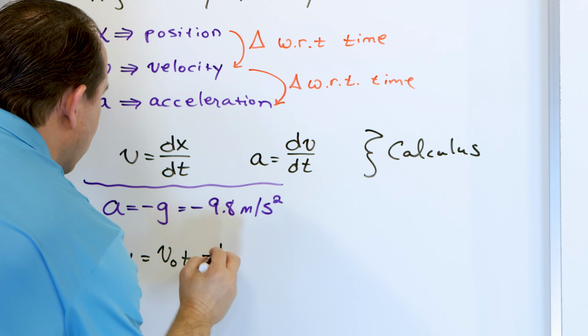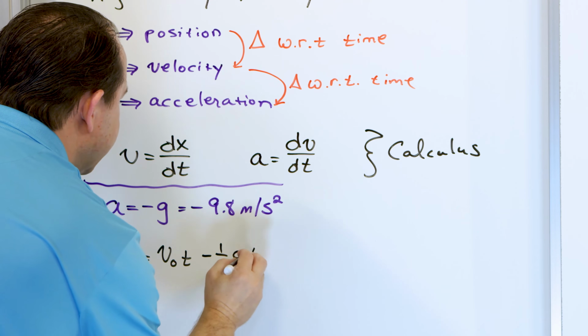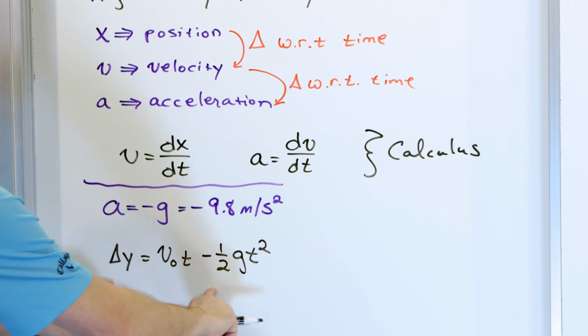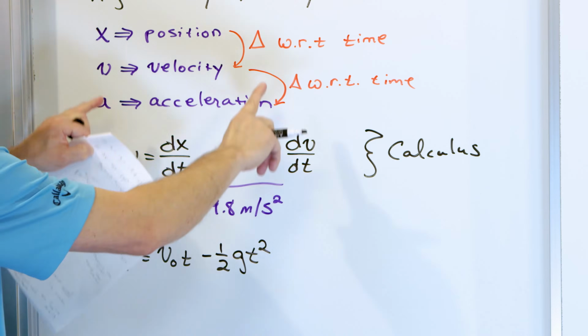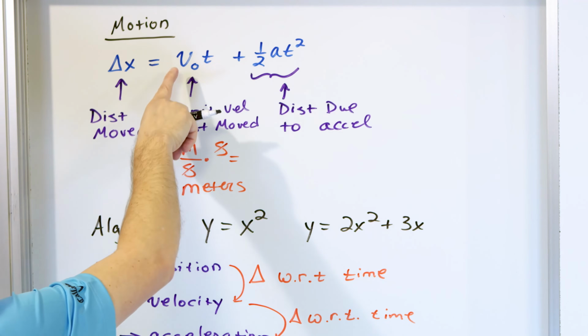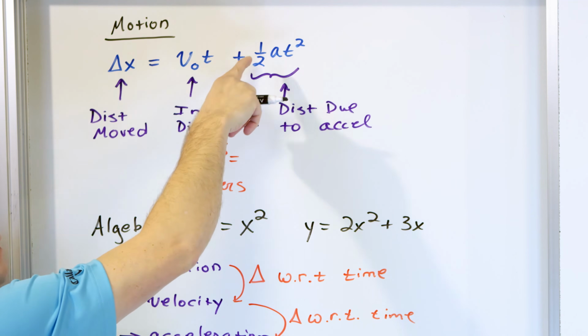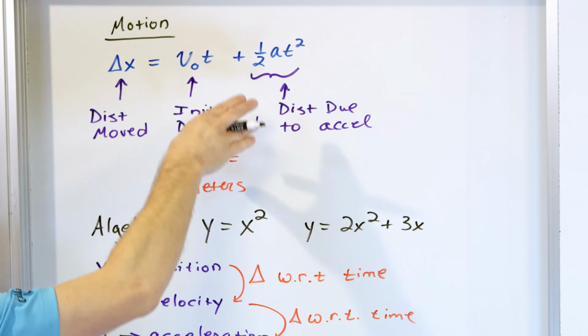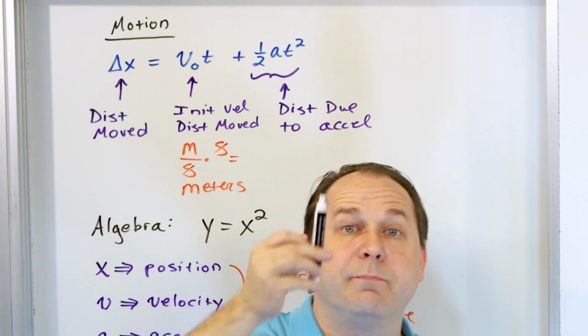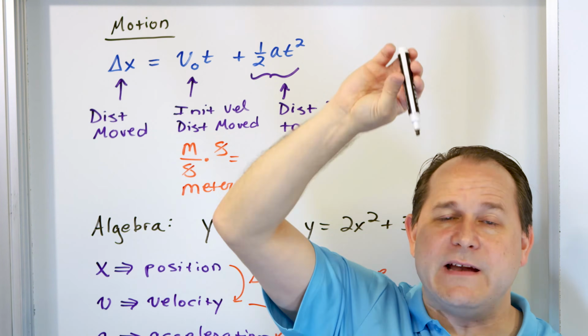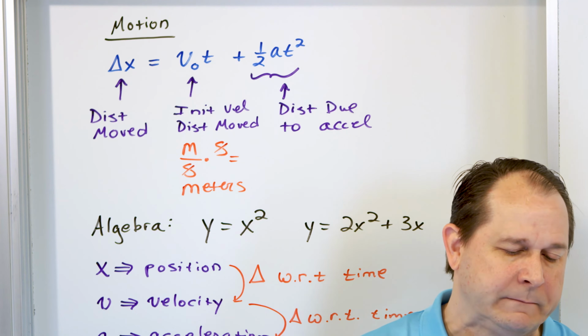So we can put minus 1/2 gt squared. Notice that this equation is of exactly the same form as the one we started with: v naught t plus 1/2 at squared. The only thing we did is we put a negative g for the acceleration because gravity always acts downward. Upward is positive y, downward is negative y. So we put a negative g in there.